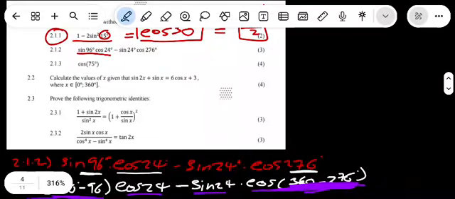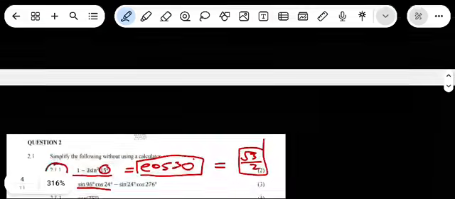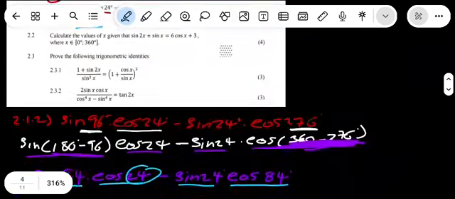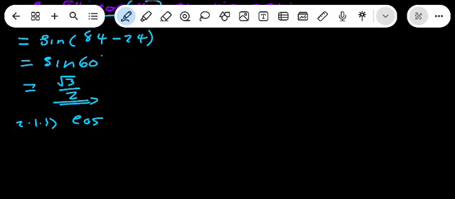So now 2.1.3, we're given cos 75 degrees. How can you do this? If you're given something like this, try to split the angle into two special angles.